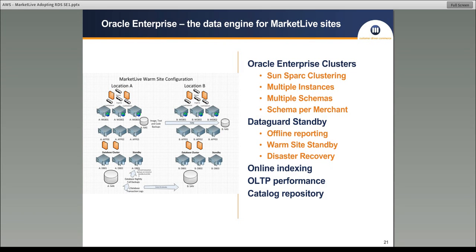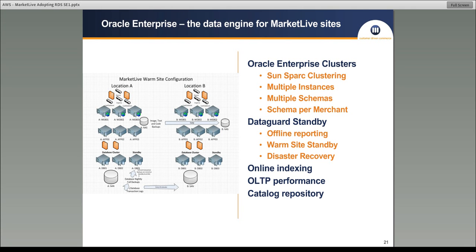When we have a customer who has opted for a full disaster recovery environment, we ship the data, both the images and text and the code, as well as the database data via DataGuard, off to a second location across the country. And that gives them a warm standby that we can bring that site up on in the event of a loss of the complete data center. Of course, something that's never happened.